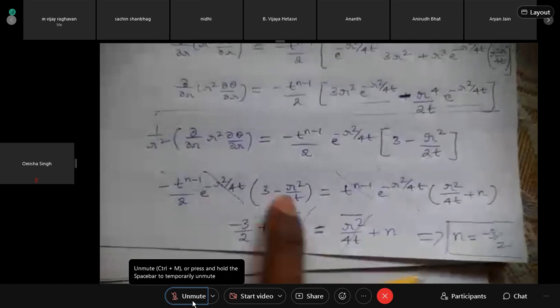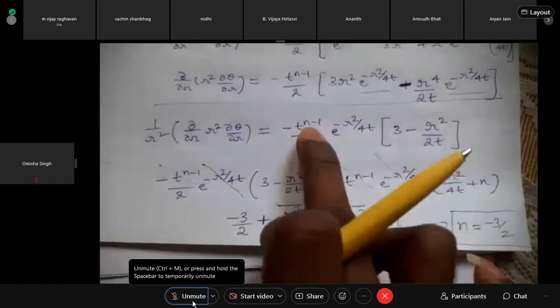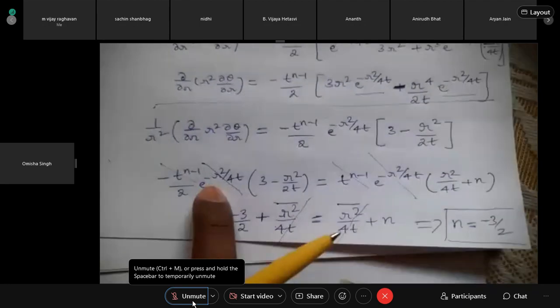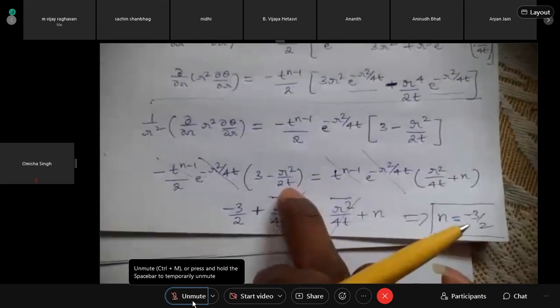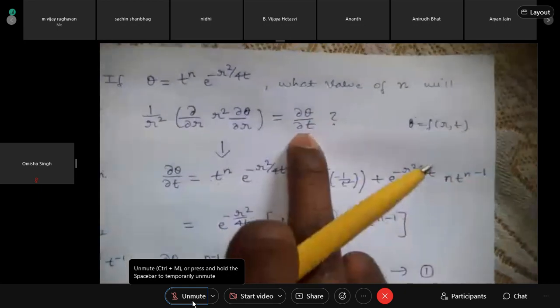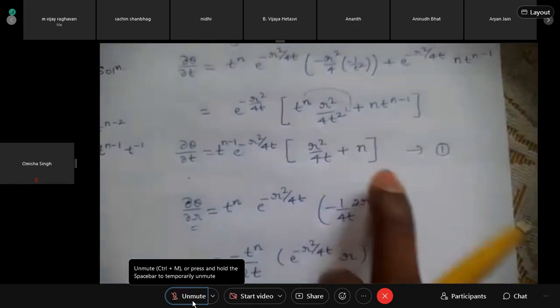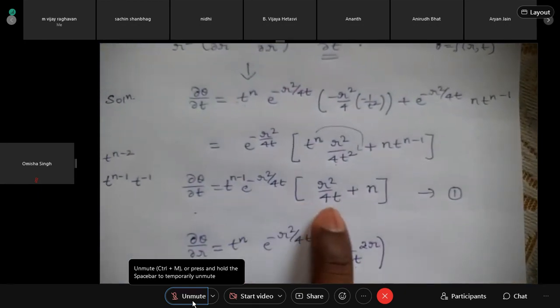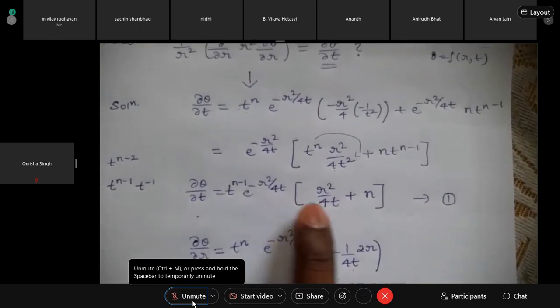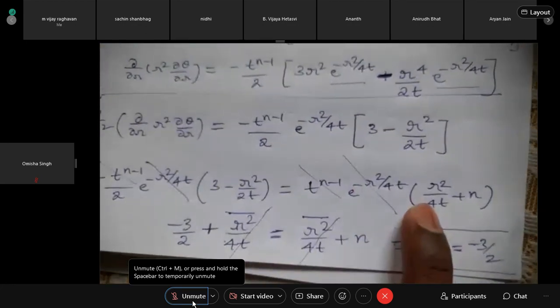Is it okay? T power minus n by n minus 1 divided by 2 e power minus r square by 4t times 3 minus r square by 2t should be equal to dou theta by dou t. Dou theta by dou t is nothing but this t power n minus 1 e power minus r square divided by 4t times r square by 4t plus n. Even that I have considered in the right hand side.